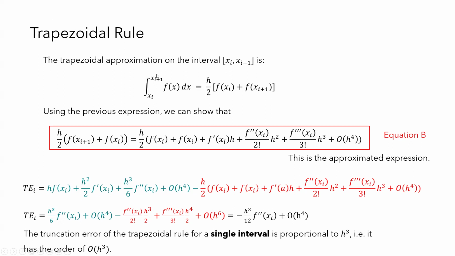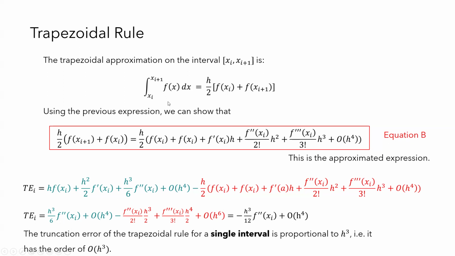Therefore, the truncation error of the integral of a single interval is proportional to h to the power 3. So the error is of order h to the power 3 for a single interval.